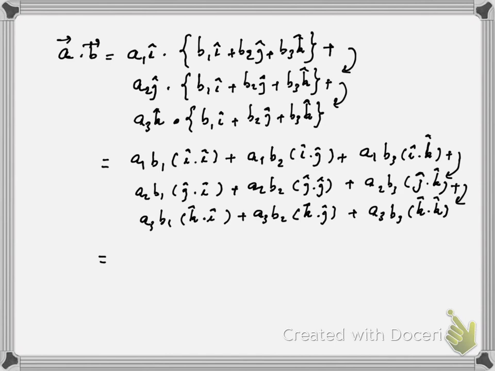Now see, i dot i is equal to 1, j dot j is equal to 1, k dot k is equal to 1, and except these three values, all the remaining dot products are 0. So that's why result will be a1 b1 into 1 plus a2 b2 into 1 plus a3 b3 into 1.